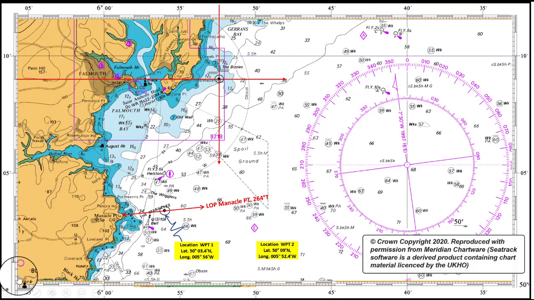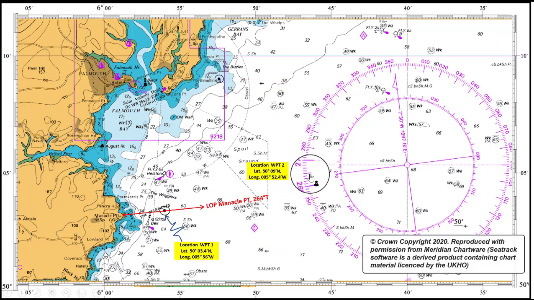As you can see, this is 50, this is 10, this is 09, the latitude line, and 5 degrees here, 50 minutes, 51, 52.4. The intersection is the location of waypoint 2.